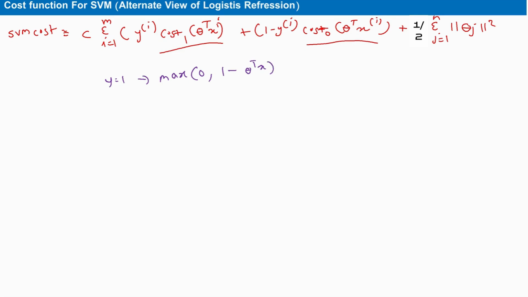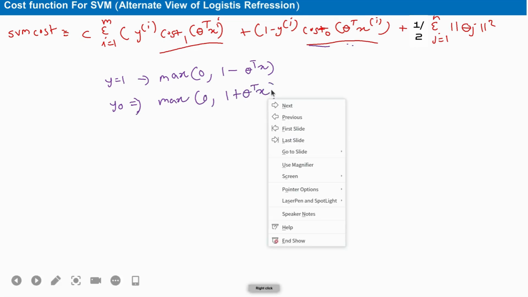And when y is equal to 0, for the second term, the cost we need to substitute here is max between 0 and 1 plus theta transpose x.